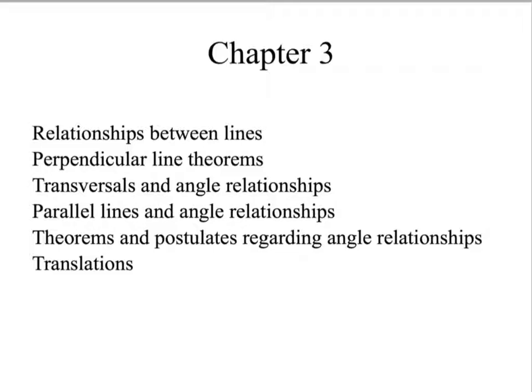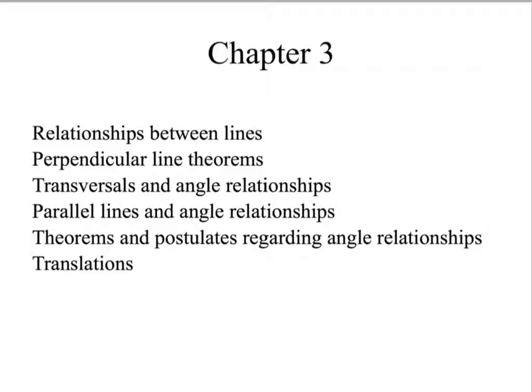This is where you have your corresponding angles, alternate interior angles, alternate exterior angles, same side interior angles, but also the theorems that go along with them. Those prove that if we have these theorems, then we have parallel lines. Or if we have parallel lines, we know those angles are going to be congruent to each other as far as corresponding, alternate interior and alternate exterior.